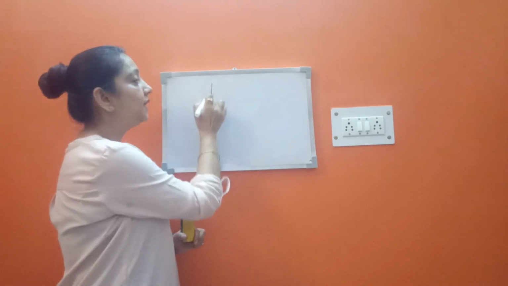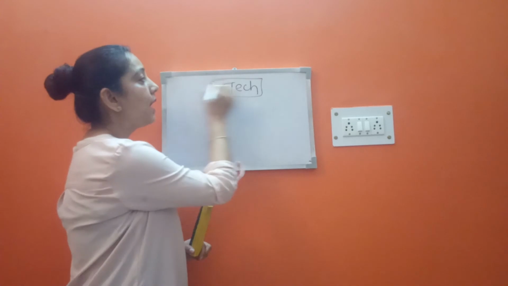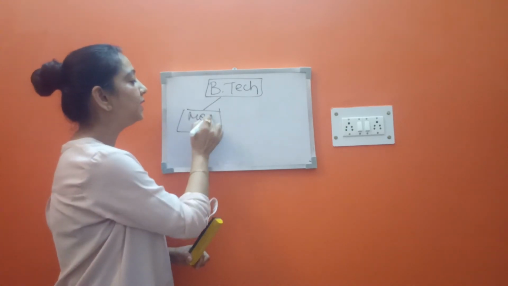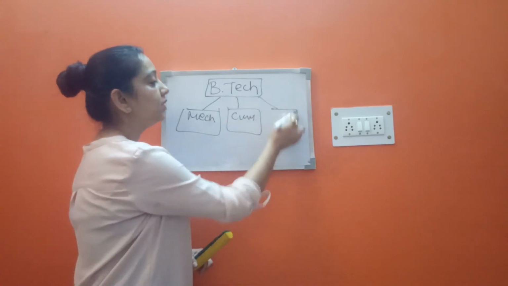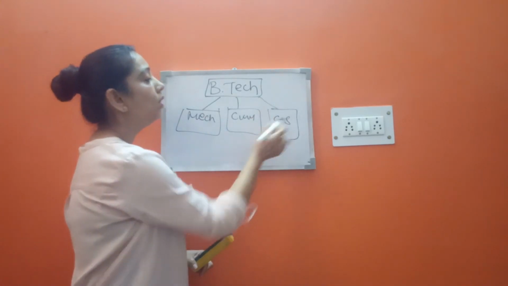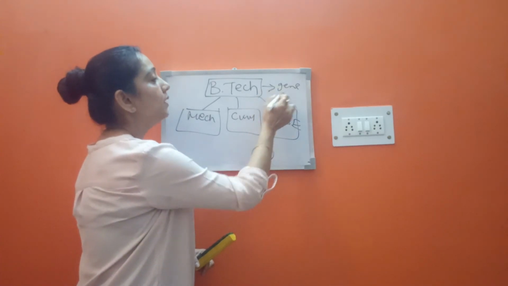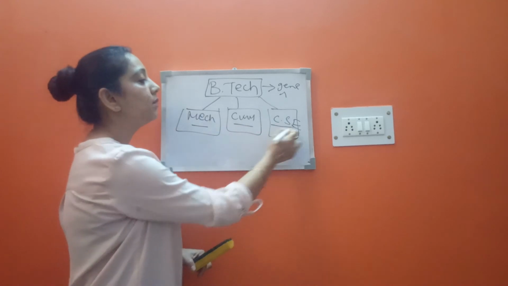So I can say BTech is a generalization, and the specializations of BTech would be mechanical engineering, civil engineering and computer science engineering.